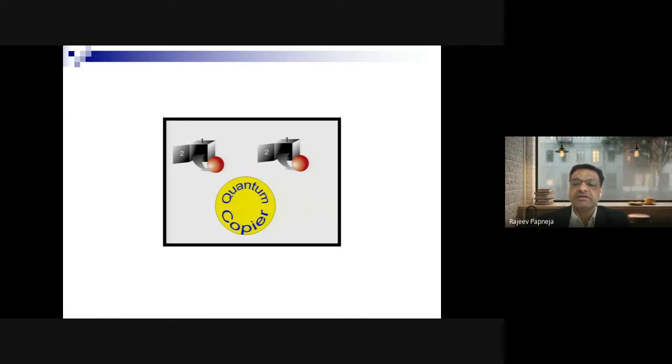Later on, if I were to open door number 1 or door number 2, we should see the duplicate colored ball that I would put come out of both the boxes.